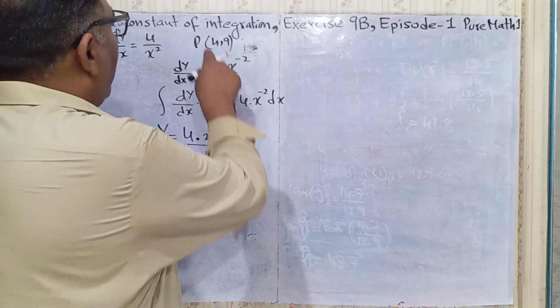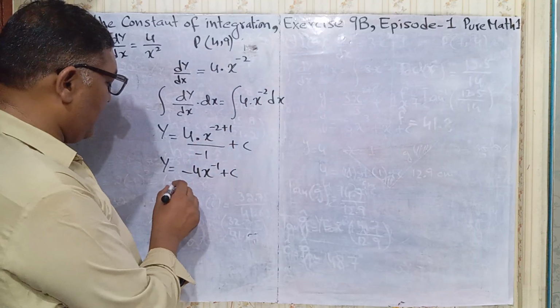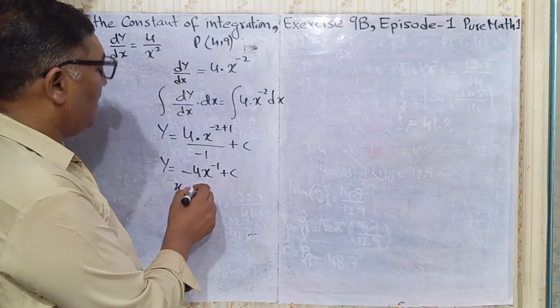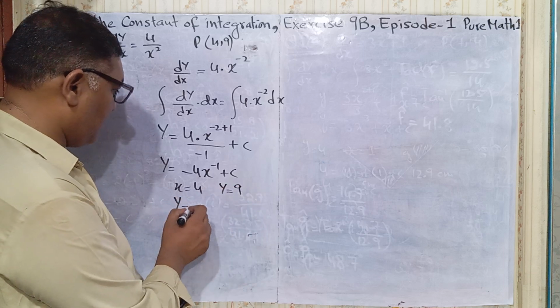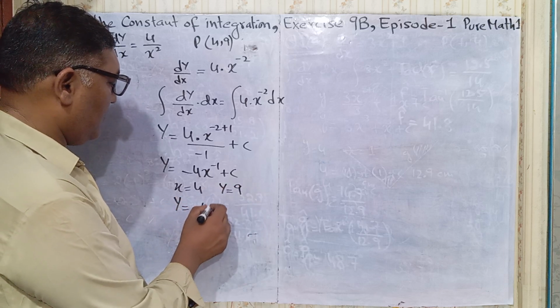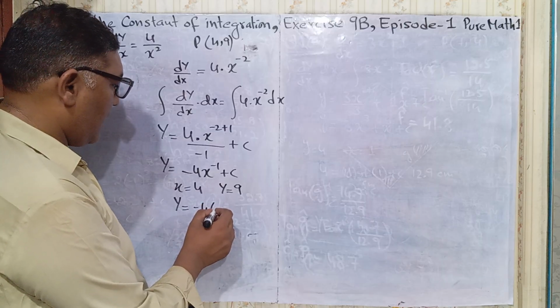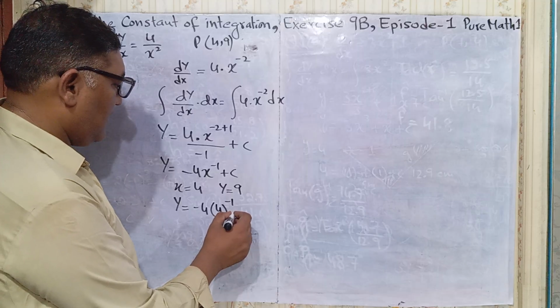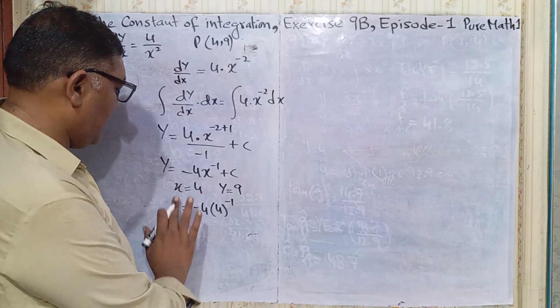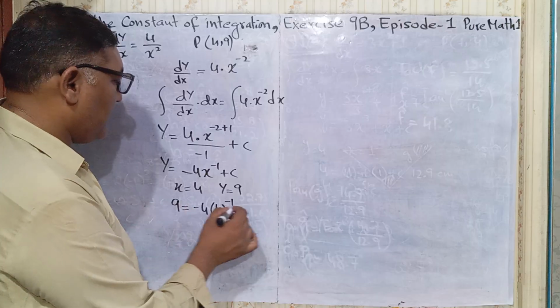Now I have this point 4 comma 9. So in the place of x I will put 4, and in the place of y I will put 9. So 9 will be equals to minus 4 into 4 raised to power minus 1, plus c.